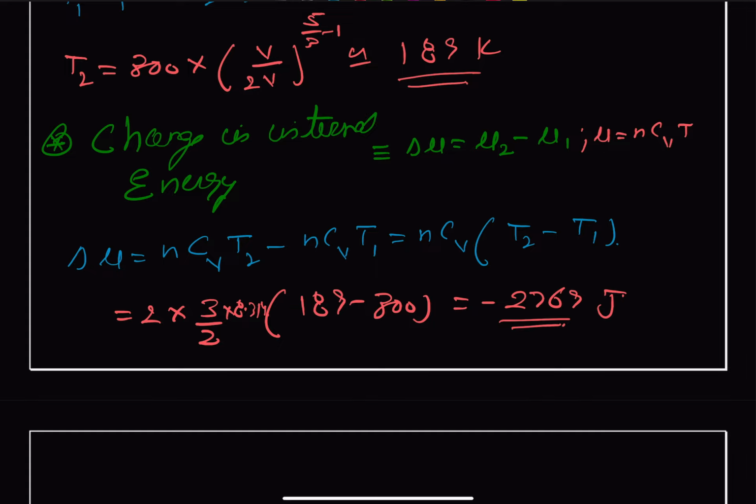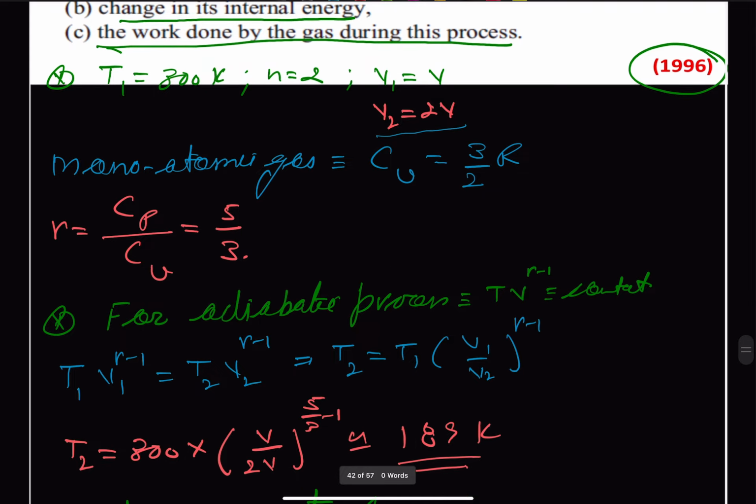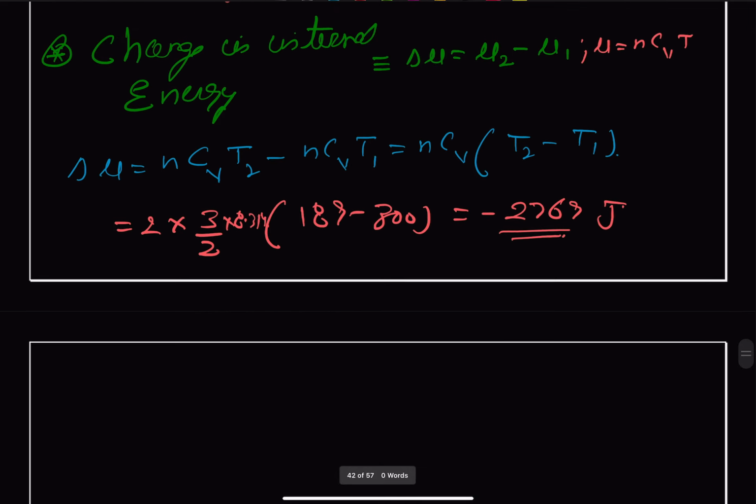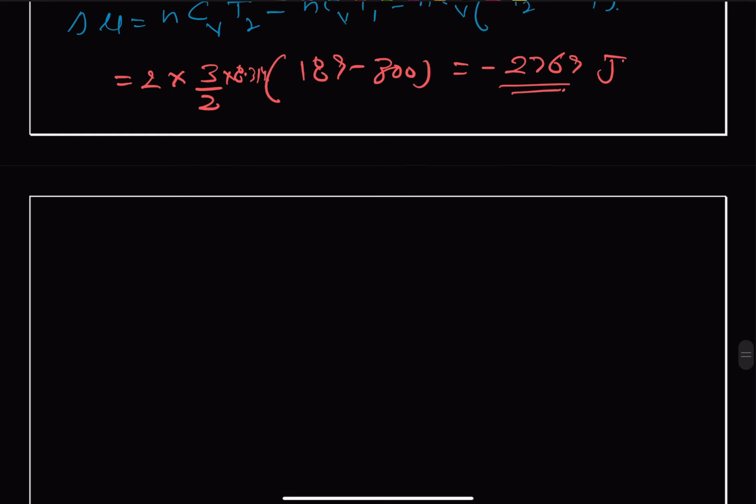Okay. And we come to the work done by the gas. So it is an adiabatic process. So in an adiabatic process, we know that the value of Q is equal to 0.